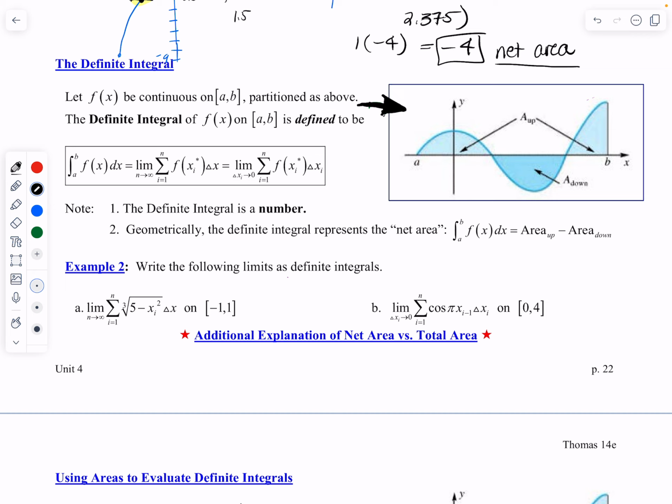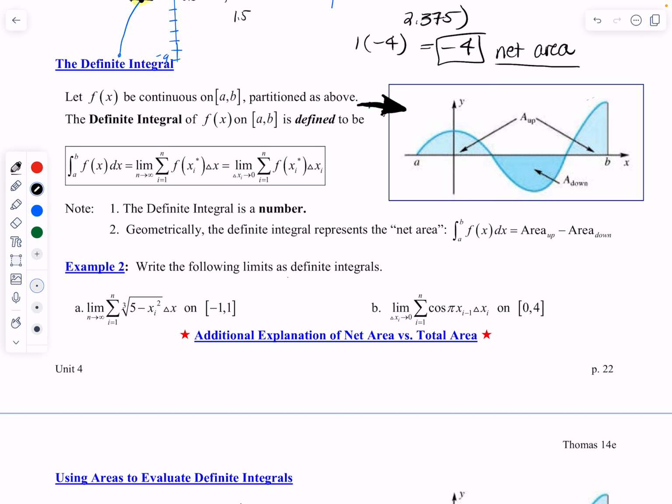The definite integral of f of x on the interval from a to b is defined to be the integral from a to b of f of x dx, which is equivalent to the limit as n approaches infinity of the sum from i equals 1 to n of the function at x sub i times delta x.